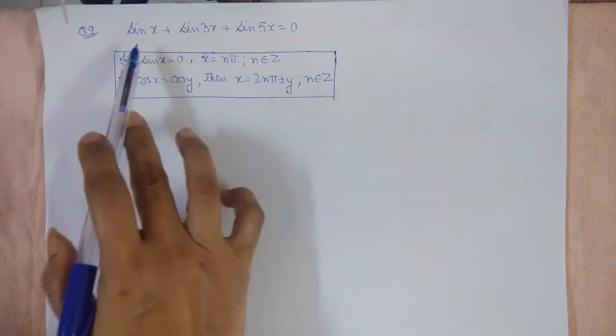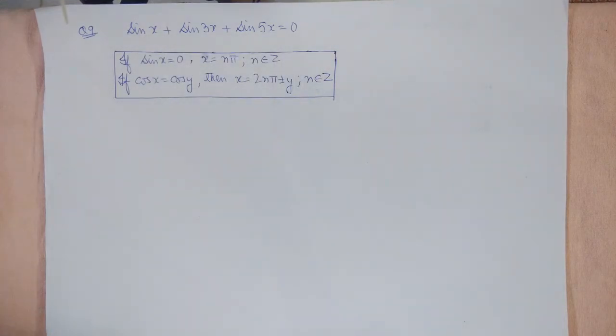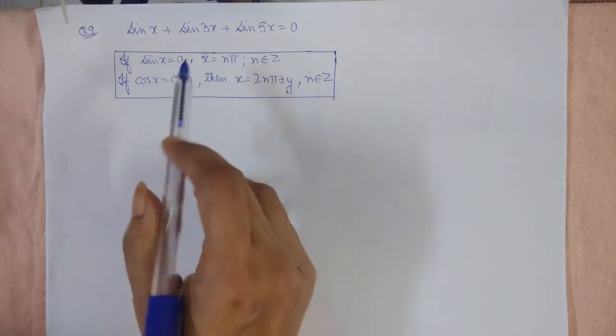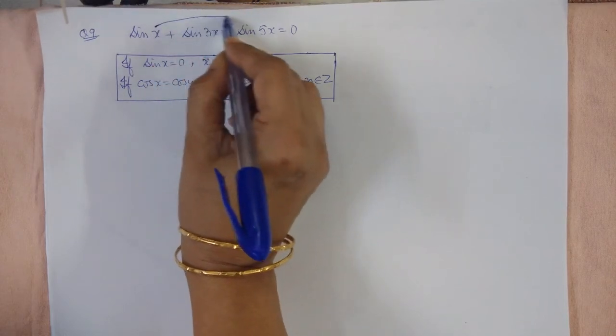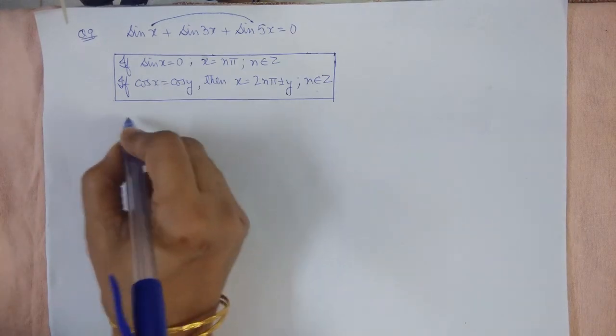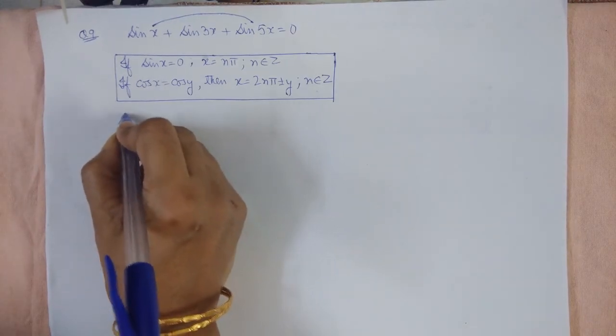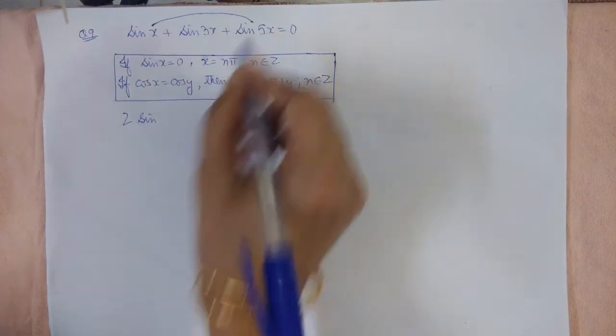Question 9. Sin x plus sin 3x plus sin 5x equals 0. Now, look at this question. We have to arrange it. We will take these two terms together: sin A plus sin B. So, sin A plus sin B is 2 sin((A plus B) by 2) into cos((A minus B) by 2).